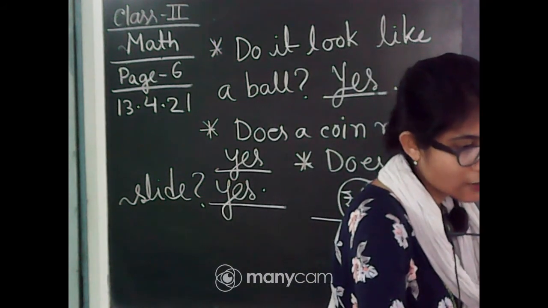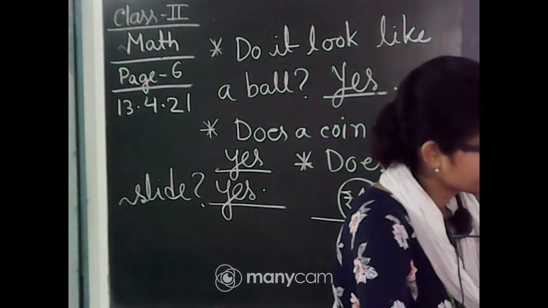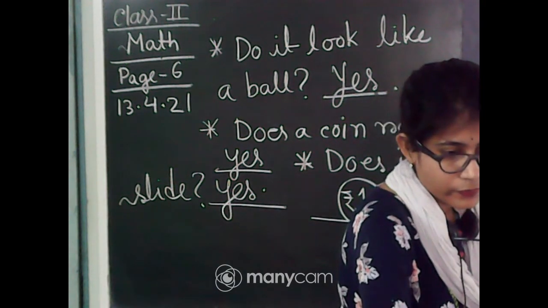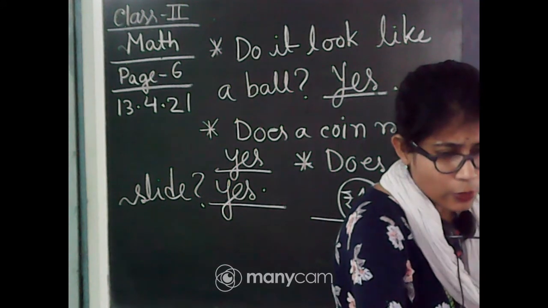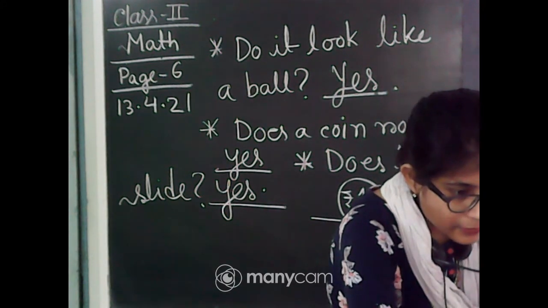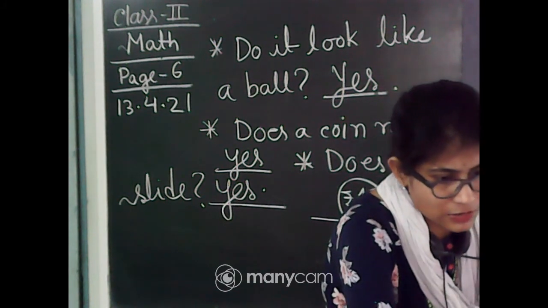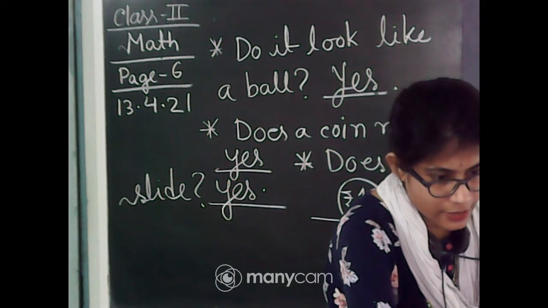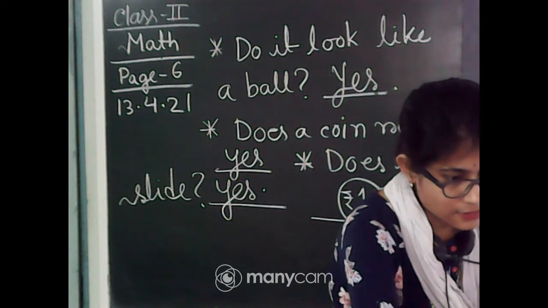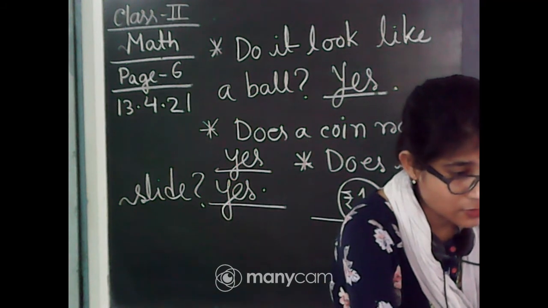Priyanshu Ganguly. All right. Now Arithro Sheth. Coin. Jar. A jar can roll and slide. Funnel, gas cylinder, dice, suitcase. Okay.